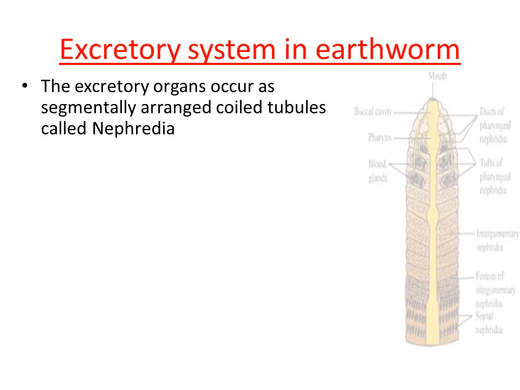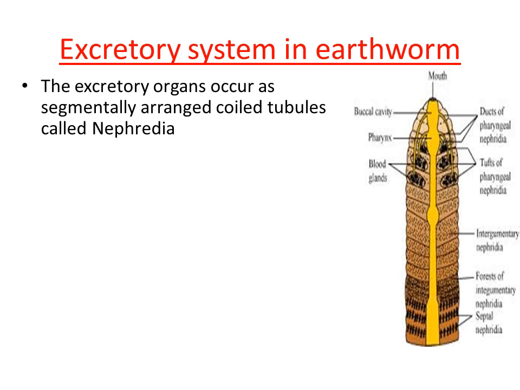So let us look into the diagram. This is the anatomy of the earthworm, showing the excretory system, right? As I told you, nephridia is the main organ forming the excretory system here. Based on the position of the nephridia, they are divided into three different types, right?